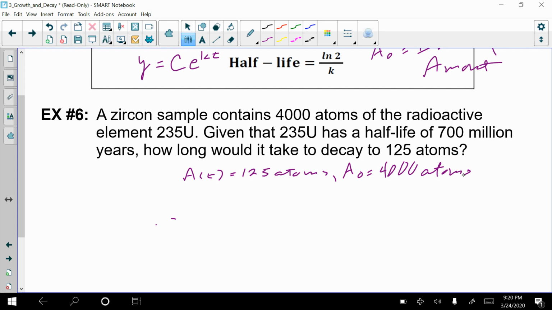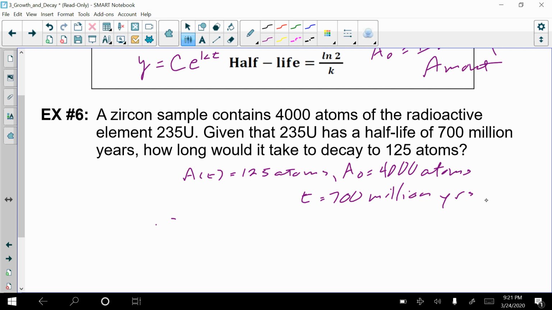And we also know that the half-life, T, is going to be 700 million years. And what we're trying to do is find out time. We want to be able to solve for time that will give us 125.